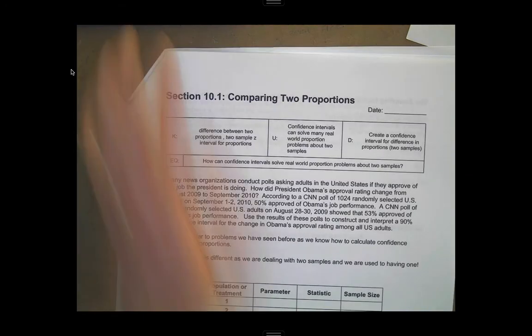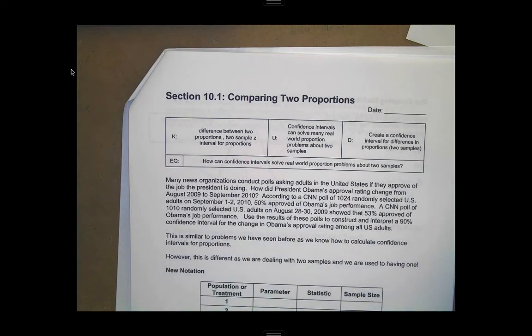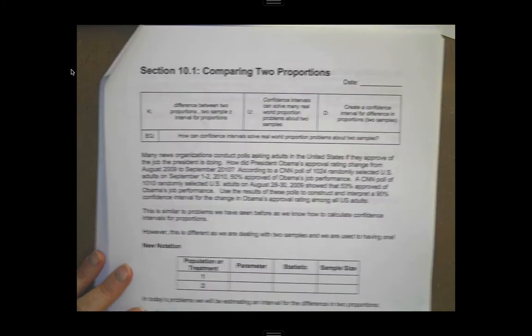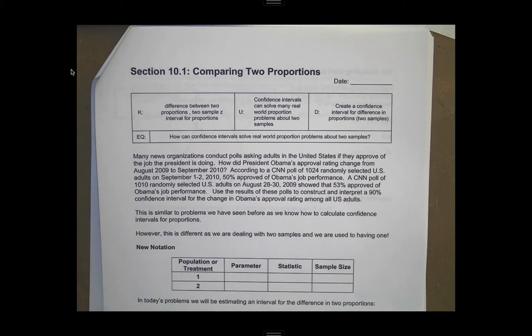All right. So I'm going to start here by talking about comparing 2 proportions. Many news organizations conduct polls asking adults in the United States if they approve of the job the president is doing. How did President Obama's approval rating change from 2009 to September 2010? According to a CNN poll of 1,024 randomly selected U.S. adults on September 1st and 2nd, 50% approved of Obama's job performance.